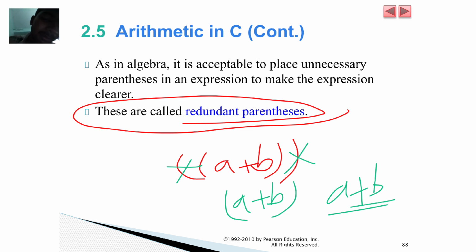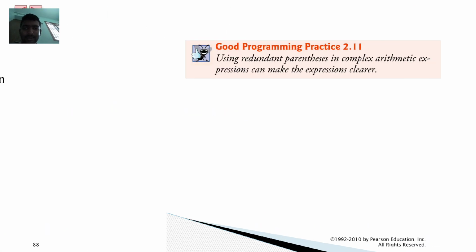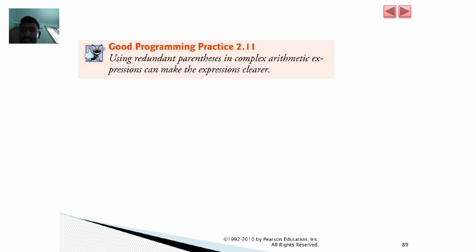This is the simplest form. We should remove the redundant parentheses. Redundant parentheses are parentheses which are not needed but we are using them. Using redundant parentheses in complex arithmetic can make the expression clear.